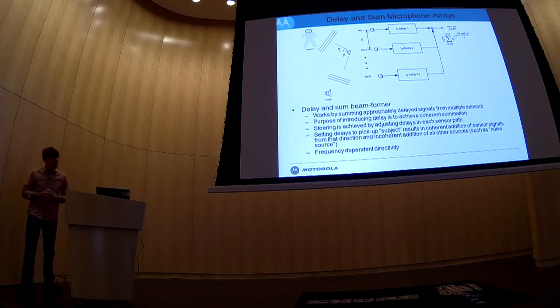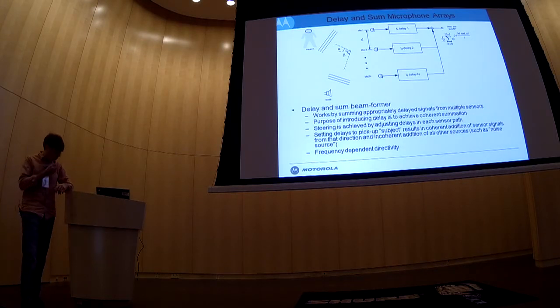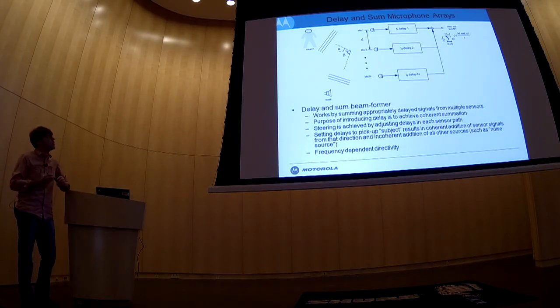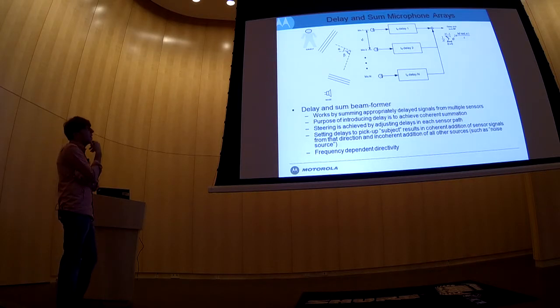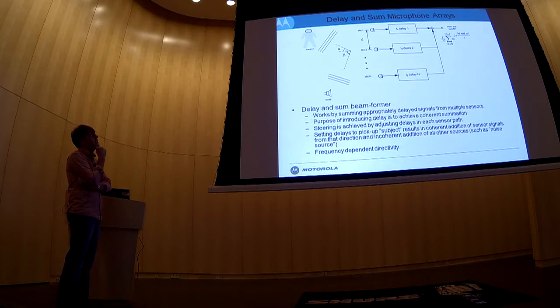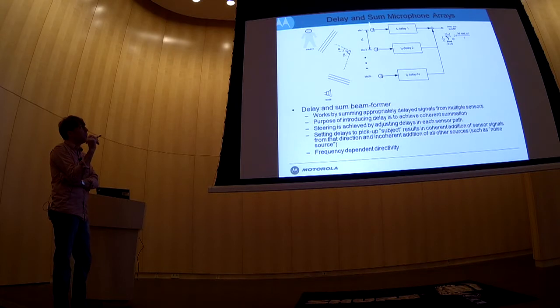Let's start with a brief review. When we say beamforming, everyone tends to think about the delay and sum microphone array. What the delay and sum microphone array basically works by is summing appropriately delayed signals, sometimes delayed and attenuated signals, on multiple branches from a set of sensors.